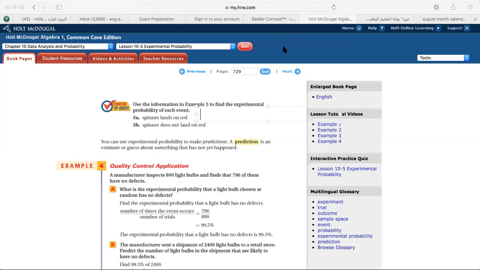Okay, red is 7. Yes, who sent me? 7 out of 20? Yes, excellent. So 3A will be 7 out of 20.